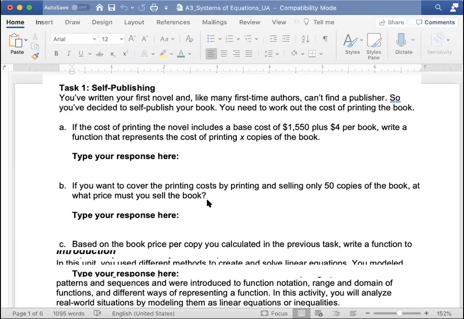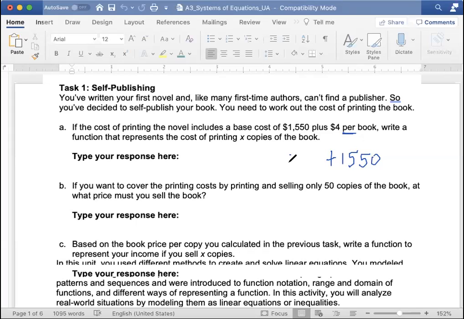Well, the base cost is $15.50, so that's going to be plus $15.50, whatever your base cost is. No matter what, it's going to cost you that much flat fee, plus $4 per book. So per means you're going to multiply.